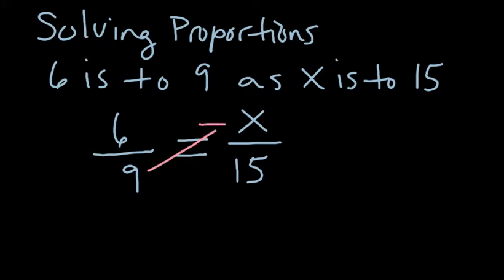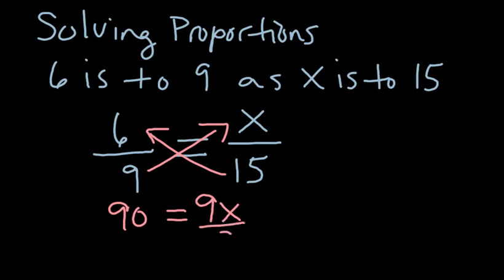So we're going to cross multiply. 6 times 15 is 90. And 9 times x, 9x. Now, could we solve for x? Sure. Divide by 9. Divide by 9. So x equals 10.